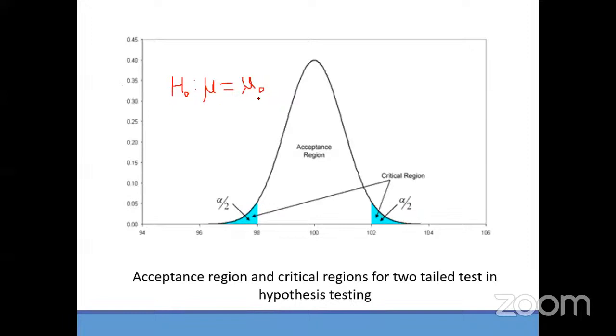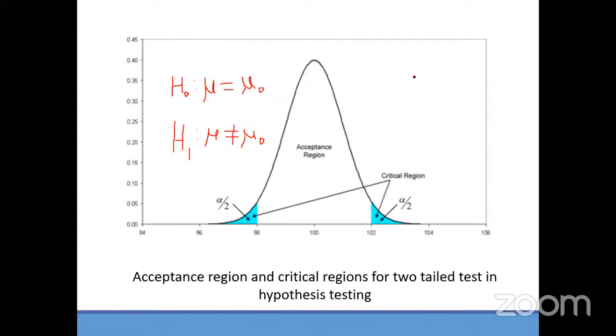If the null has an equal to sign, we know that the alternate hypothesis H1 will have a not equal to sign, right? If it has a not equal to sign, that means error can take place either in the left hand region or right hand region, right? And this is why it is a two-tailed test.